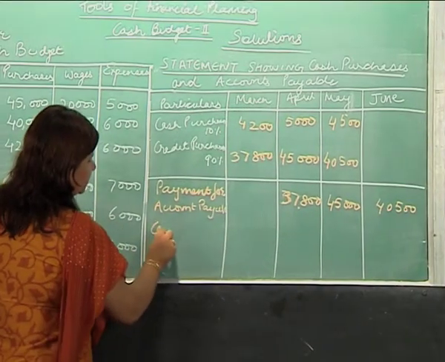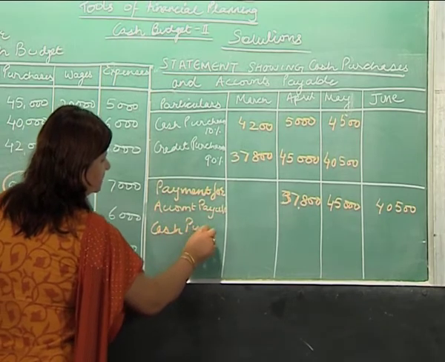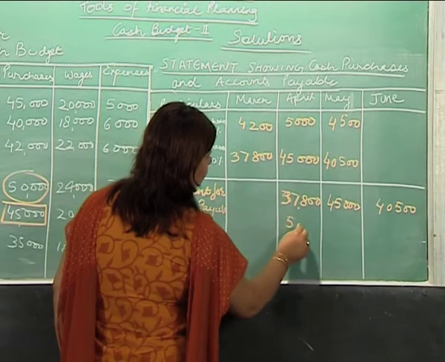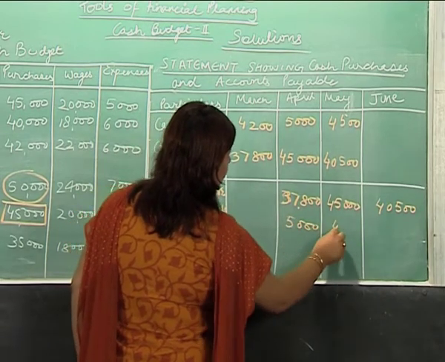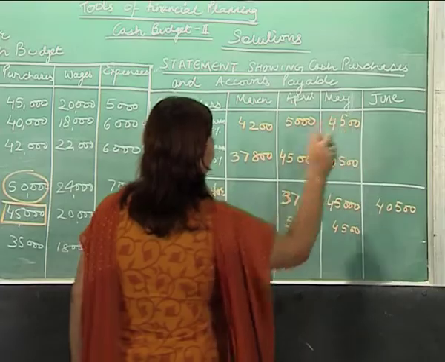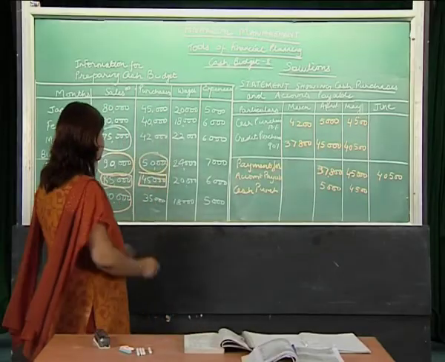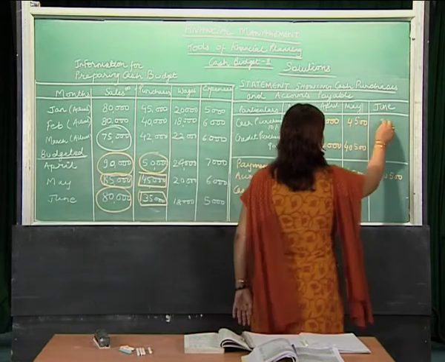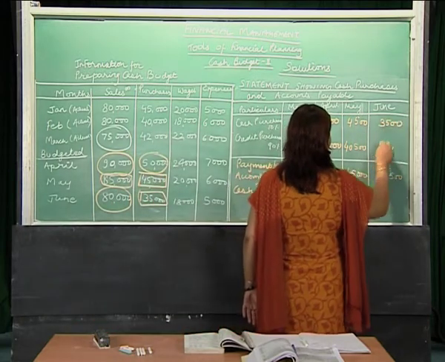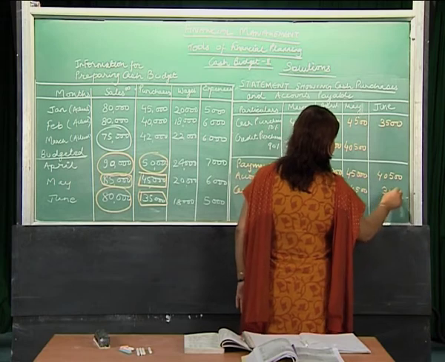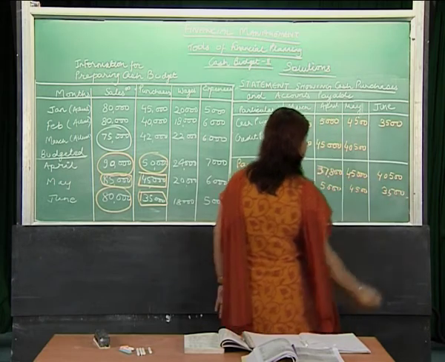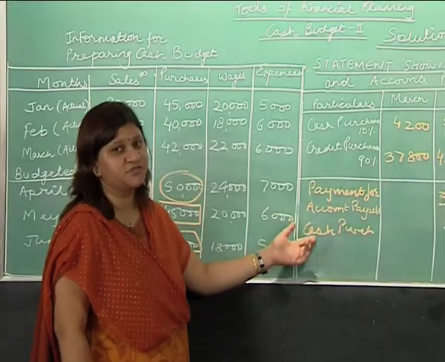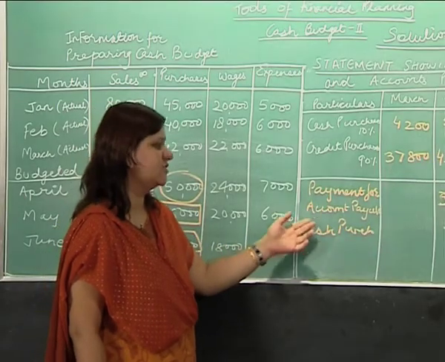So cash purchases plus the payments made shall be the figure of the payments for the month, and we have to find out the cash purchases for June also, that is 3,500. These are the figures for the total payment regarding the purchases which we need to make in the cash budgets.